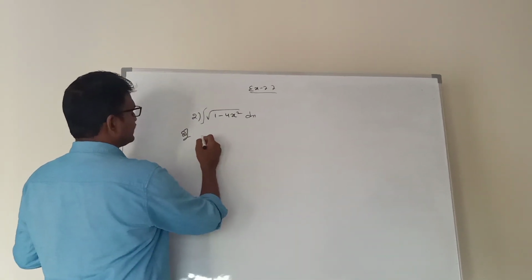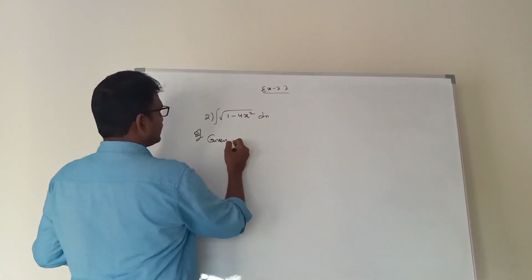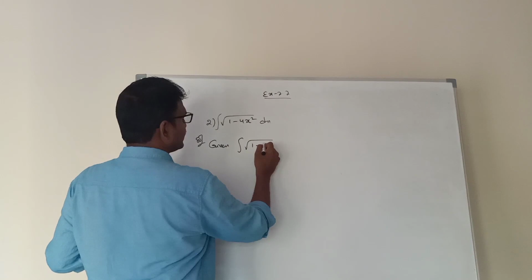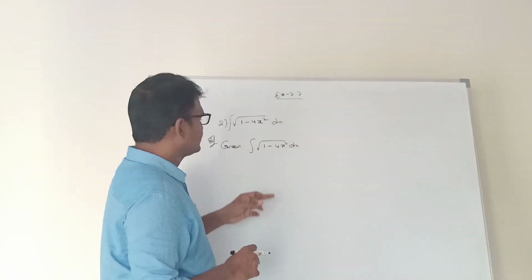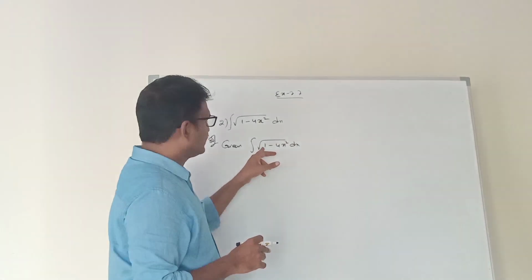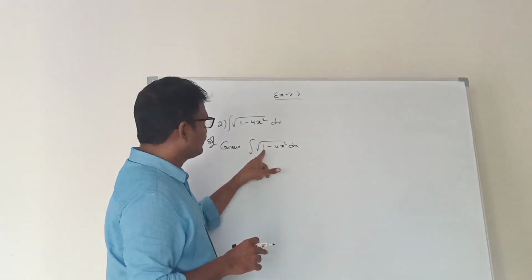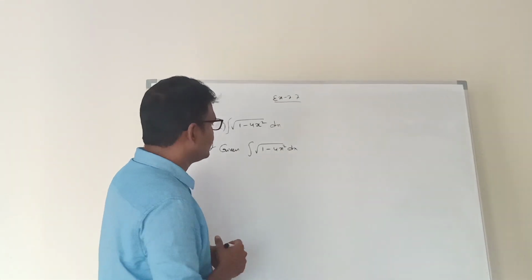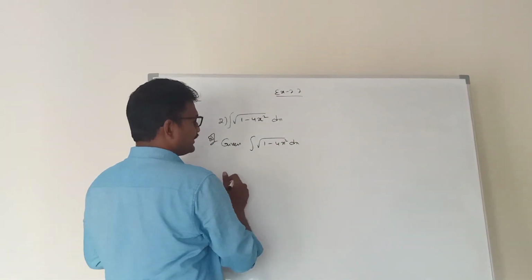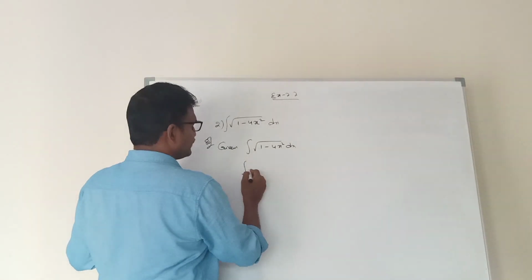Second problem is integration of root of 1 minus 4x square dx. In the given formulas, in every formula a square minus x square is there. The x square coefficient always should be 1. But here how much do we have? 4 we have. That's why take 4 common from this.